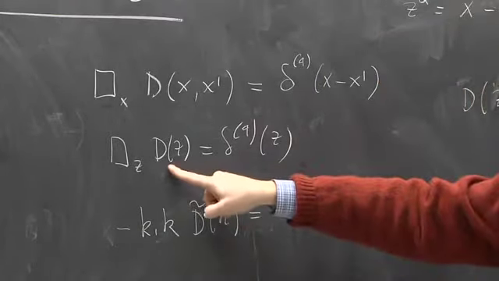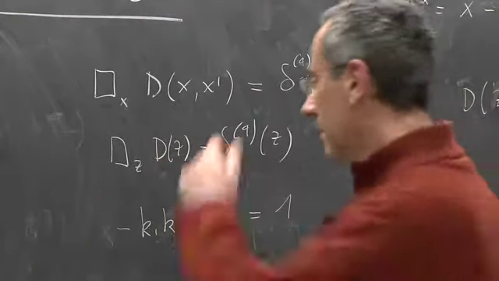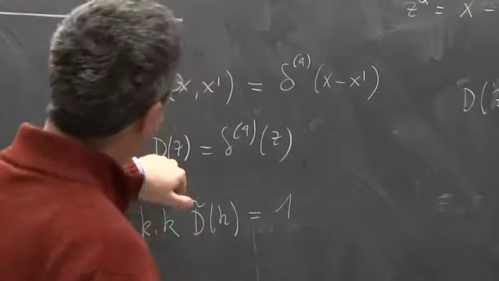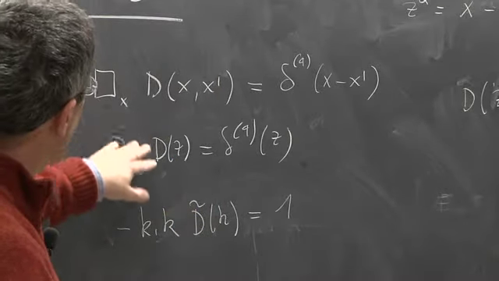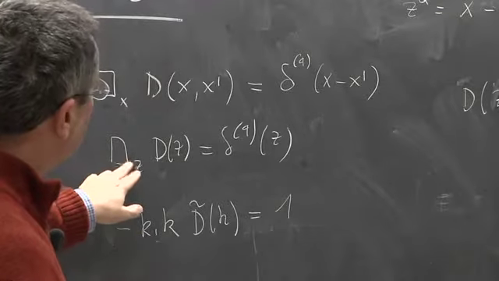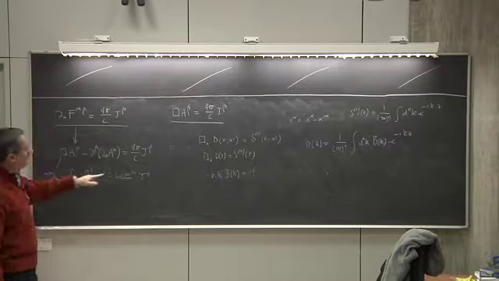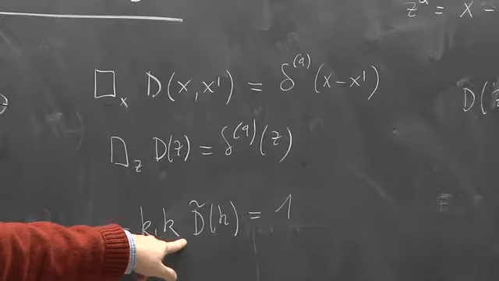Now I transform to Fourier space. As I told you many times, the idea of the Fourier transform is to transform a differential equation into an algebraic equation, and this is exactly what happens here, because the Fourier transform of the D'Alembertian is just k·k.